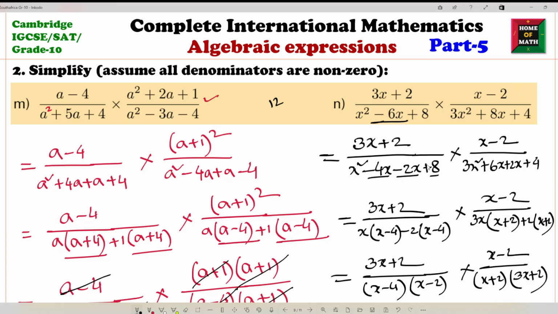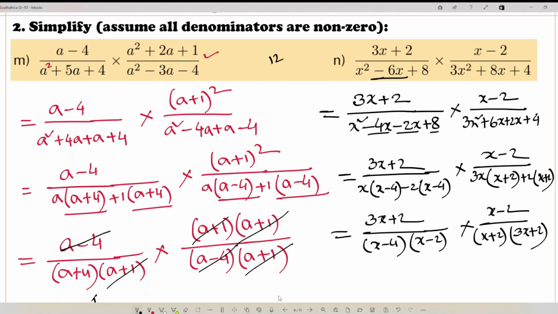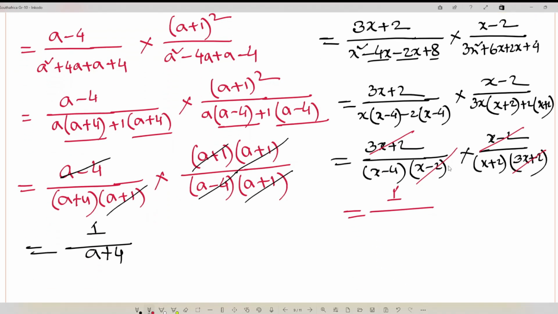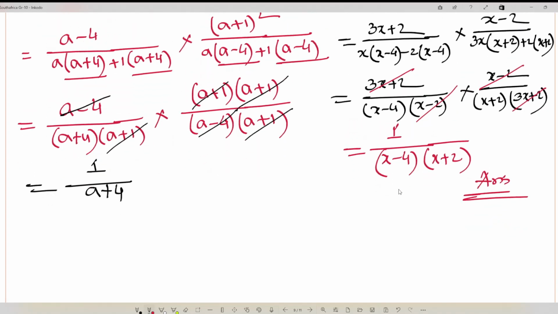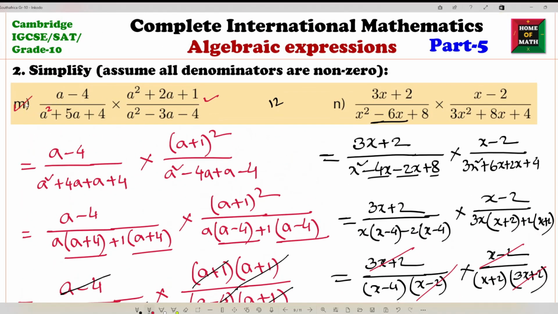Then 3x plus 2 goes out, x minus 2 goes out. So our answer is 1 divided by x minus 4 times x plus 2. This is our answer. So number M and number N we completed successfully.